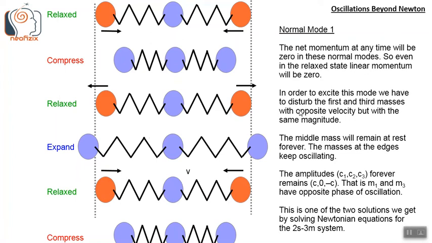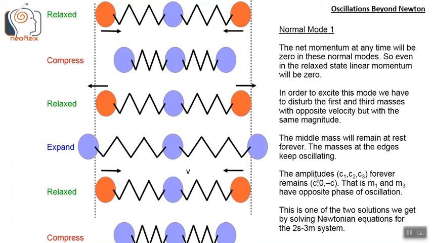In order to excite this mode, we have to disturb the first and the third masses with opposite velocities, but with the same magnitude. So if m1 has velocity v, m3 must have velocity minus v, so that the net momentum of the system is 0. And the middle mass will remain at rest forever. It never moves. No matter what the state of m1 and m3 is, m2 remains at rest in this mode.